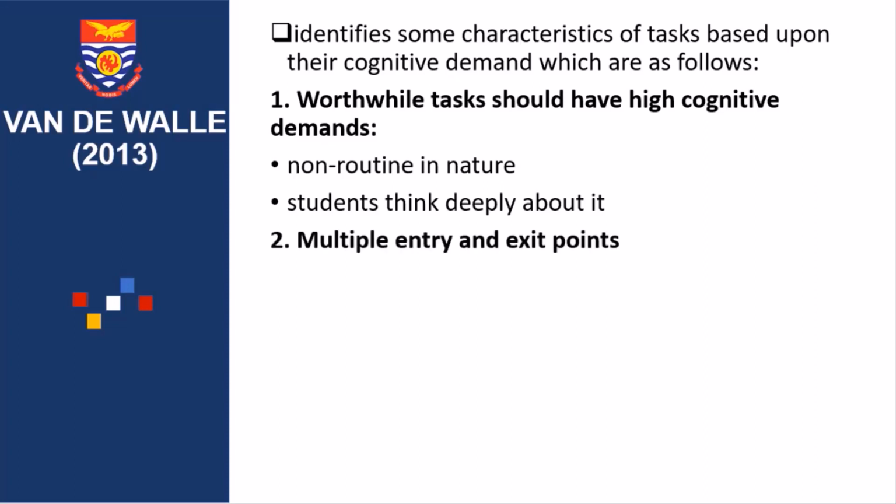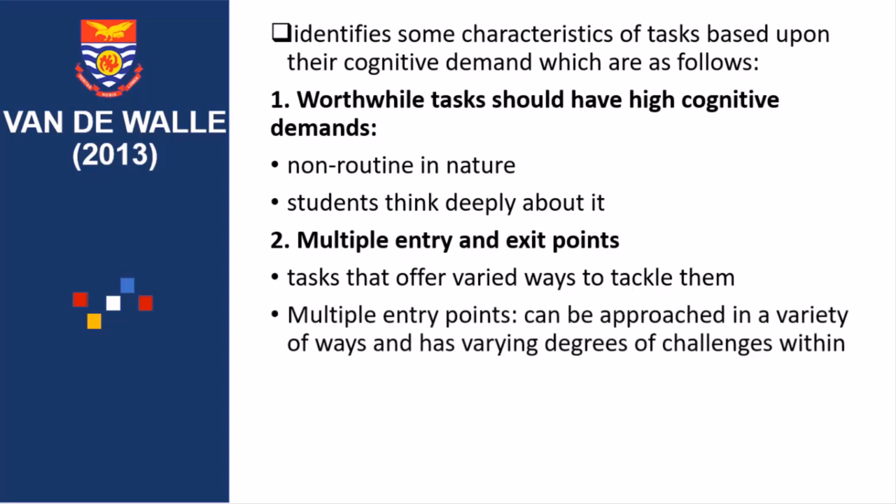The second characteristic of tasks based on students' cognitive demand is multiple entry and exit points. And by this, it says tasks that offer various ways to tackle them. So tasks should not be one way. They should have different ways of tackling them, of solving those problems or tasks.